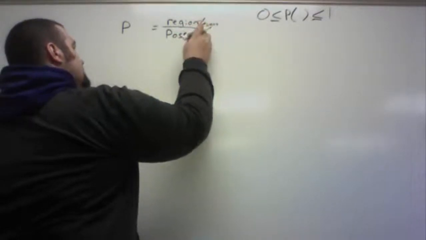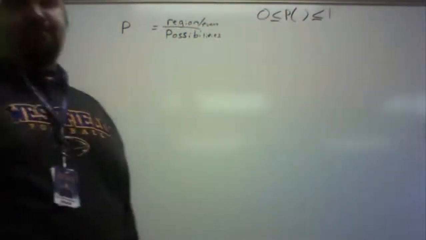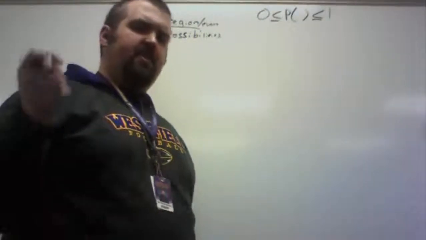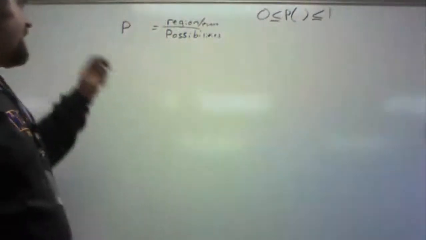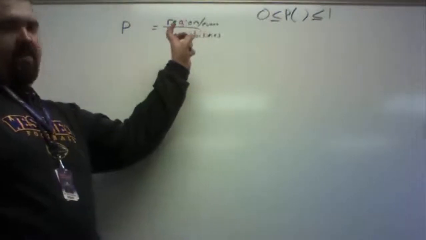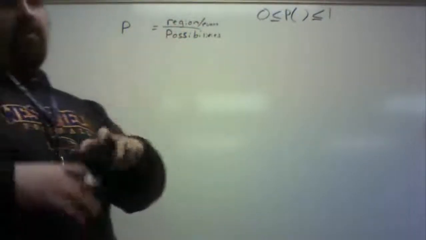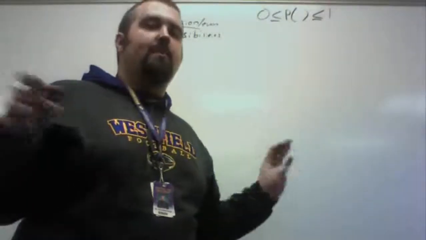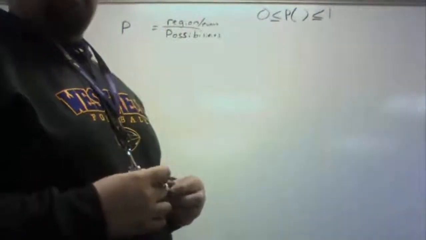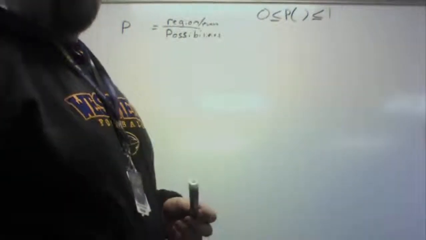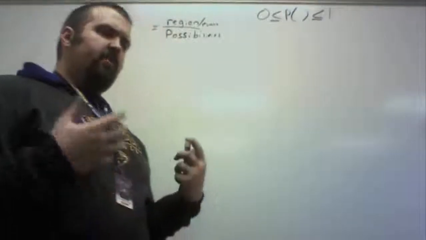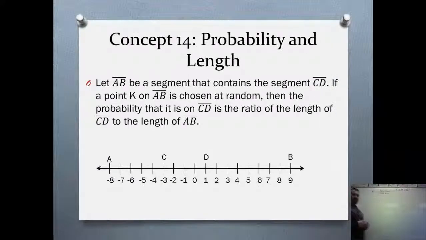Alright? So it's always a ratio that will involve the region or the event that we're looking at specifically, and then over all the possible things that could happen at that point. So for us, when we talk about geometric, we're looking at length over length. So like the length that we're interested in over the whole length we're choosing from.